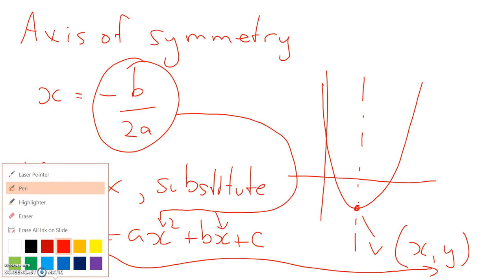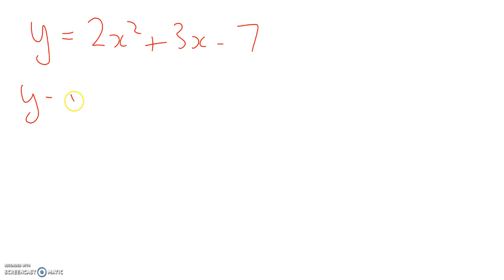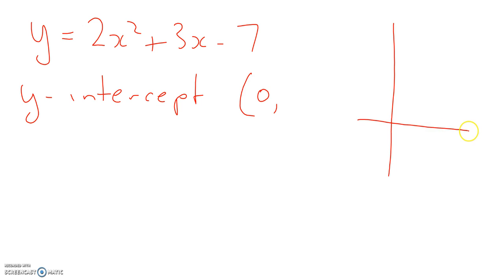Okay, let's have a look at a few examples. So if I had y equals 2x squared plus 3x minus 7, our y-intercept, the point is going to be 0 because this is x equals 0 here.